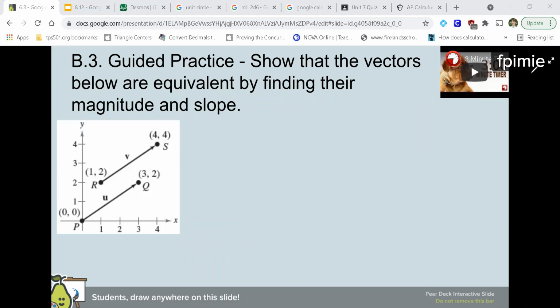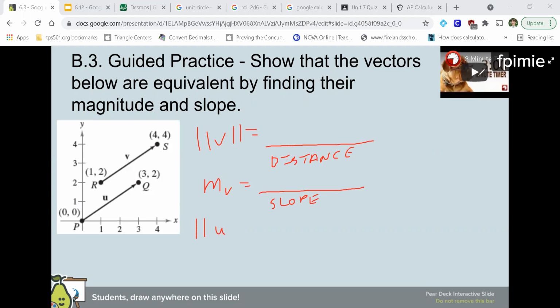What I need you to do is tell me what is the magnitude of V using the distance formula. What is the slope of V using your slope formula? And then repeat that for U. Tell me the distance for U and the slope of U.